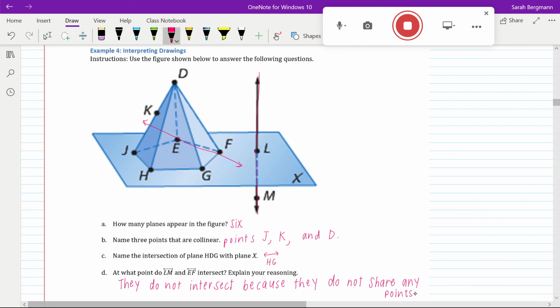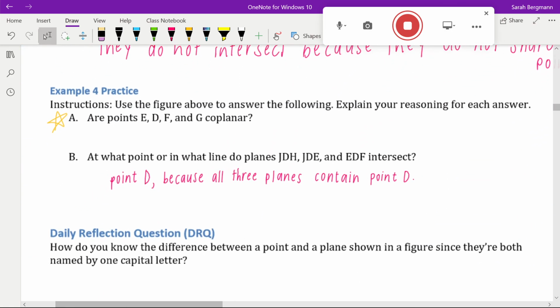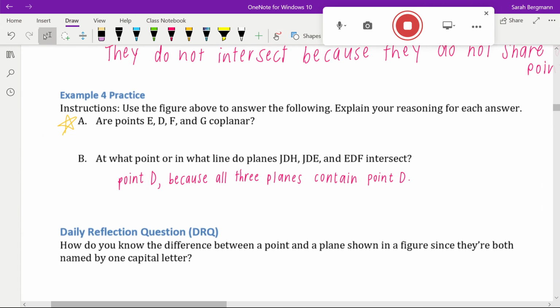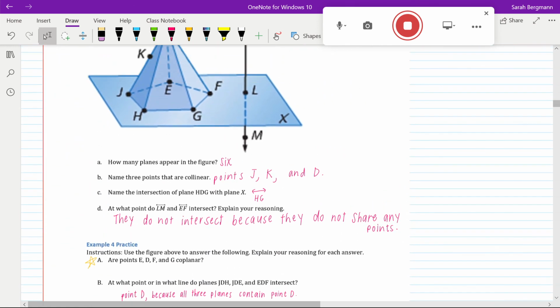All right, pause the video, try the practice problems below. Okay, check your answer. For part A, you need to give me the answer. This is your question of the day. Part B, at what point or in what line do the planes JDH, JDE, and EDF intersect?